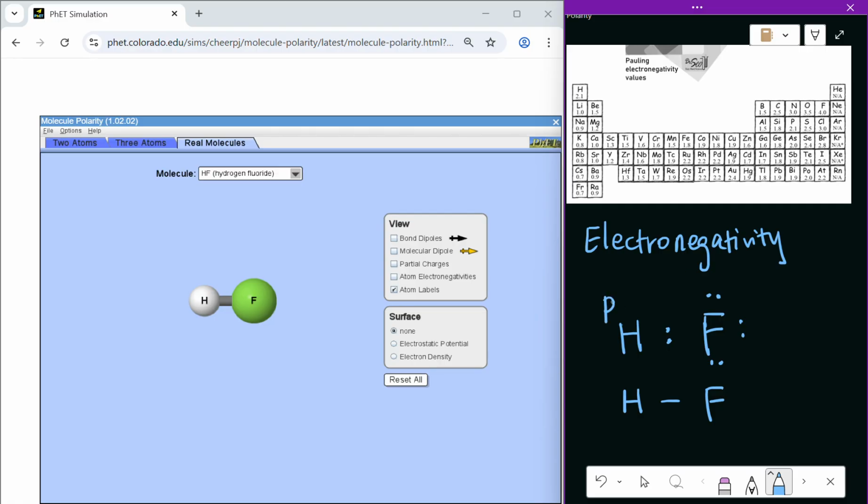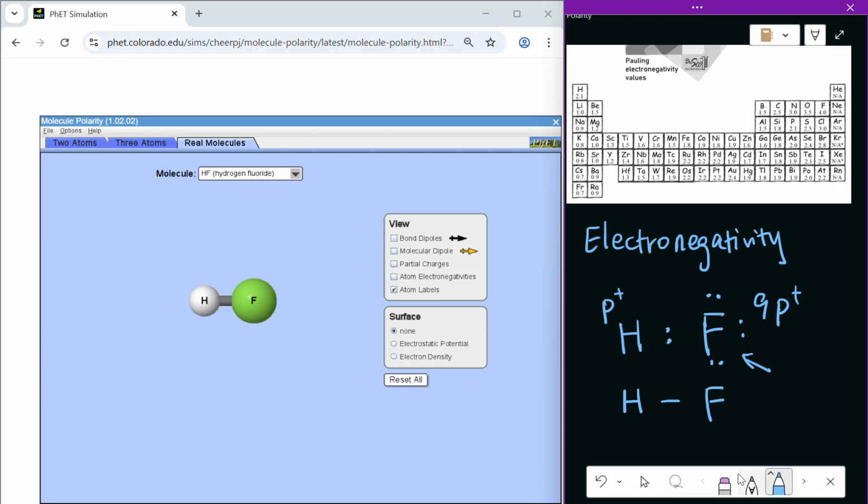Because as we know, protons are positive and electrons are negative, so they will simultaneously attract each other. However, since hydrogen has an atomic number of 1, which means it only has 1 proton, whereas fluorine has an atomic number of 9, which suggests that it has 9 protons, this fluorine atom will exert a much greater force on these shared electrons than this hydrogen atom.